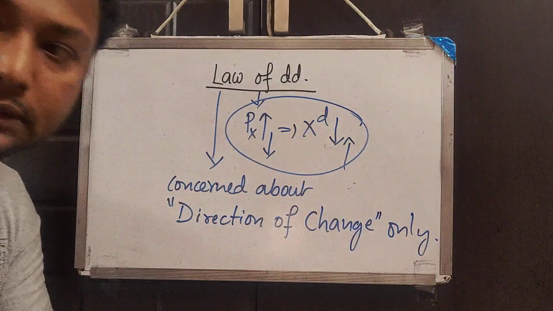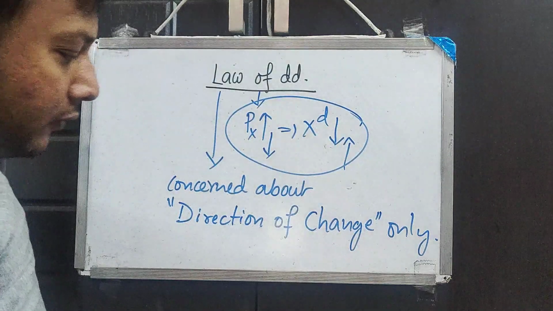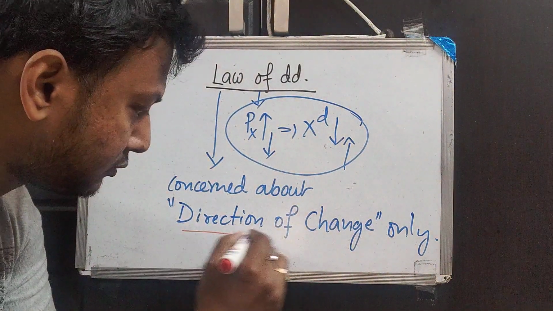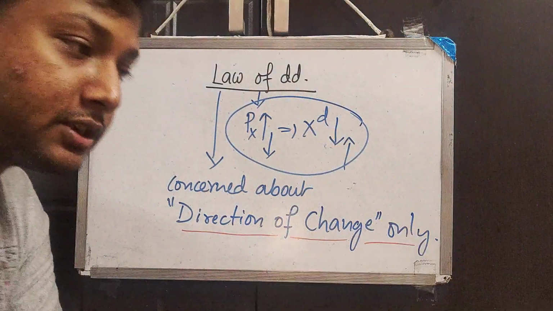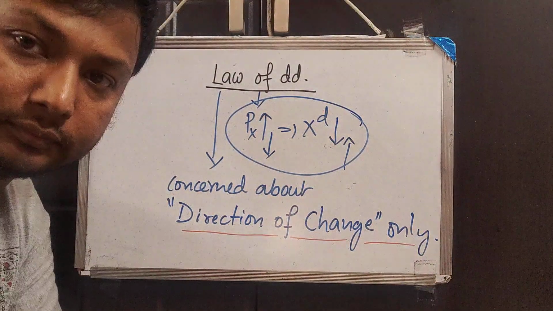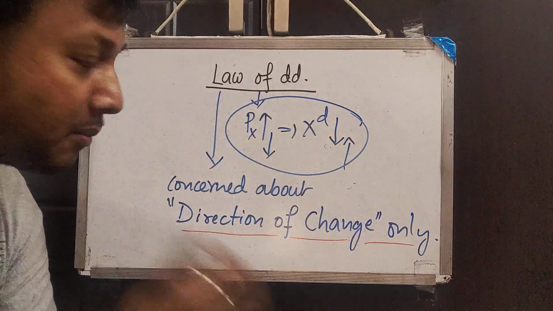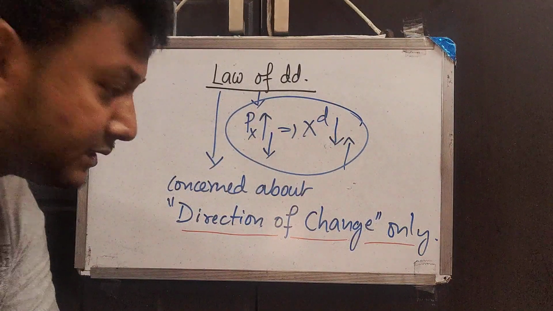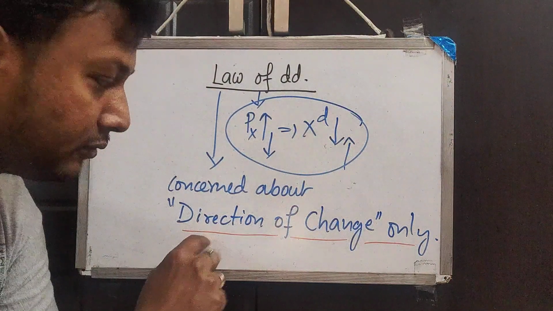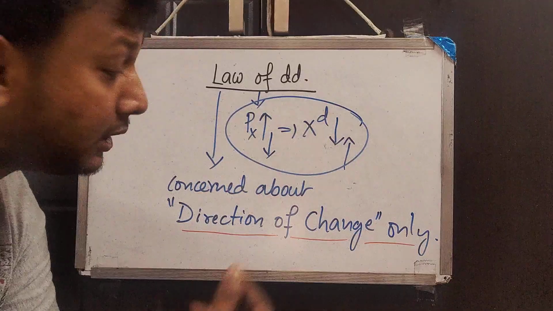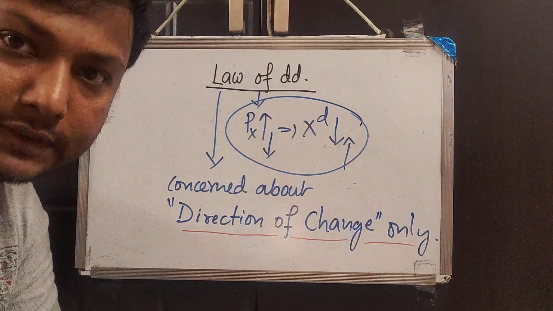Please remember this, that the law of demand is only concerned about the direction of change. It doesn't tell us the magnitude of change. If this goes up, that will go down, not the magnitude of change.